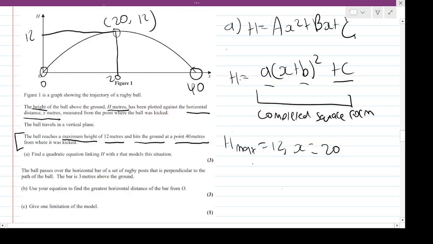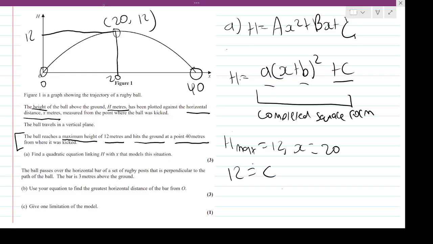So again, if we go back to this completed square form, the maximum 12 is going to be when the whole bracket equals 0, and so 12 is just going to be the number c, isn't it?